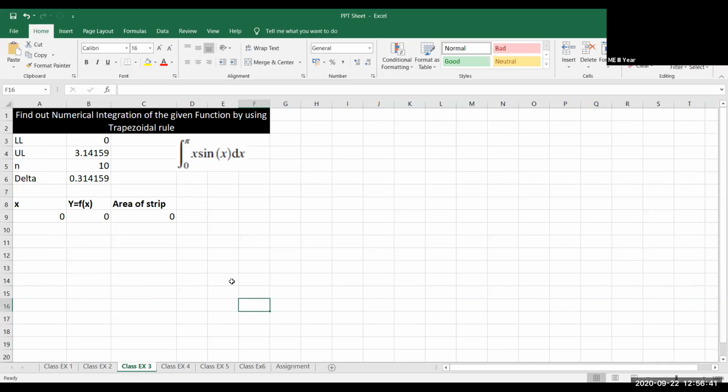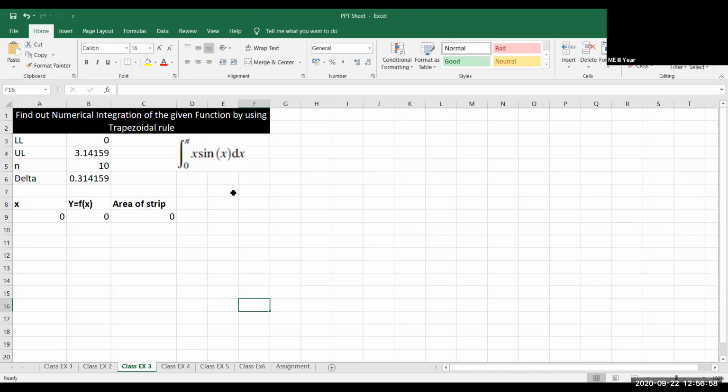So here you have to find out the numerical integration of the given function using the trapezoidal method or rule. So here, what is our function? Anyone tell me what is our function here?